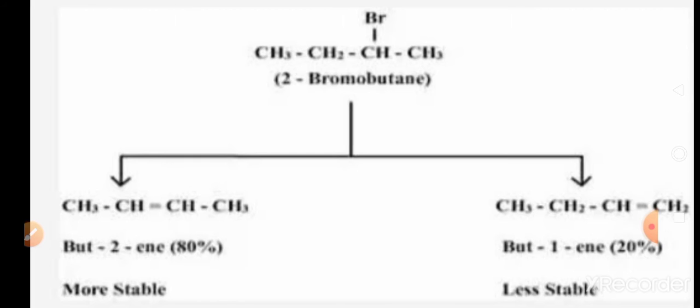One will be but-1-ene and the other is but-2-ene. But-1-ene, that is alpha butylene, is the less stable product, and but-2-ene, that is beta butylene, is the more stable product, that means the major product of the reaction. But why is this product the major product and why is but-1-ene less stable and the minor product? Let us see the details about it.